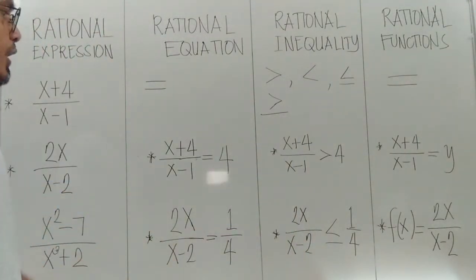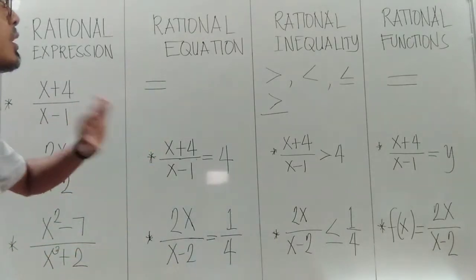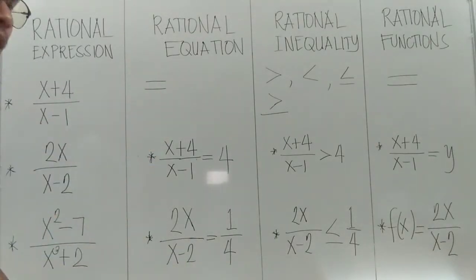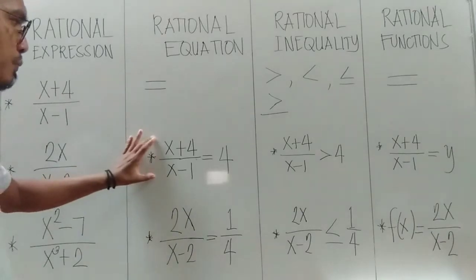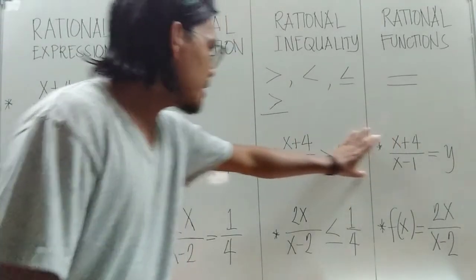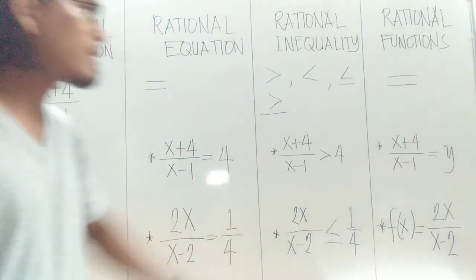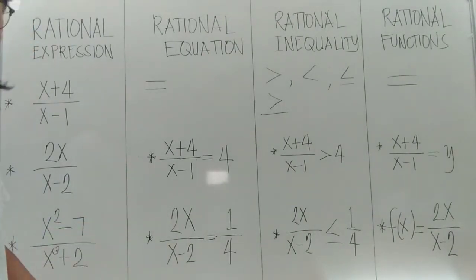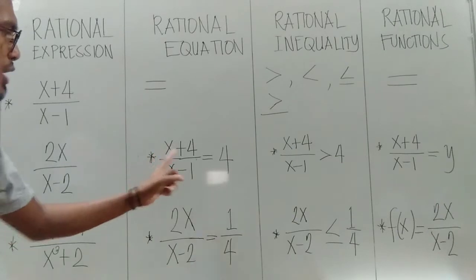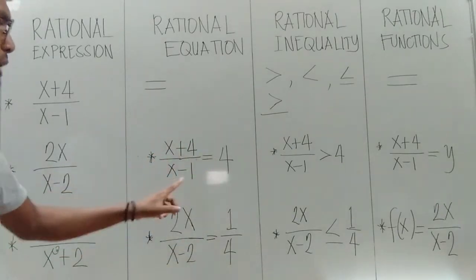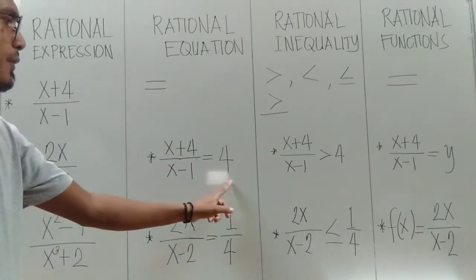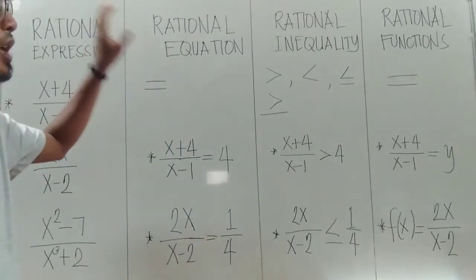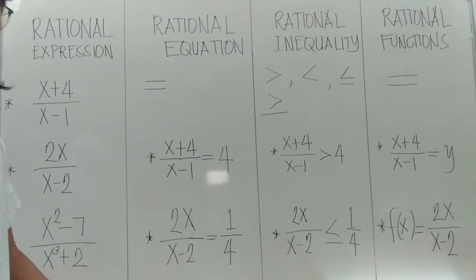For us to understand it more, let us have our examples. I will be using the same example with different signs or symbols for us to identify the characteristic. For example, we have x plus 4 over x minus 1 equals 4, which is a rational equation.